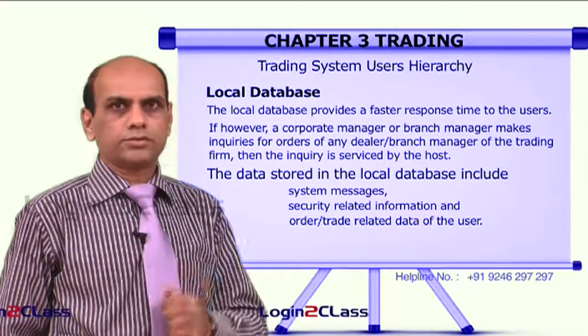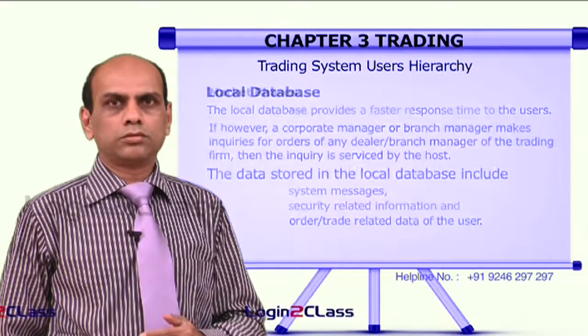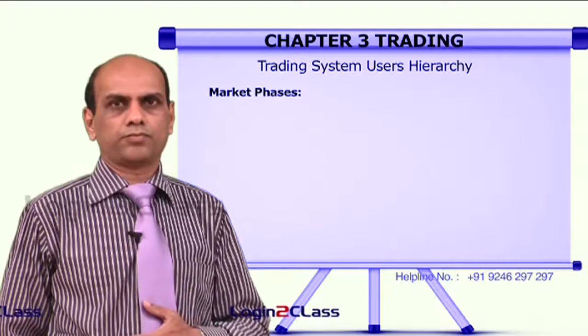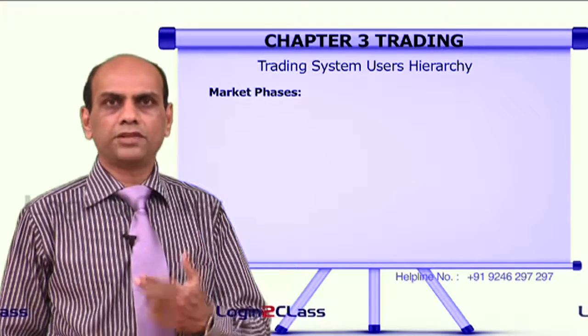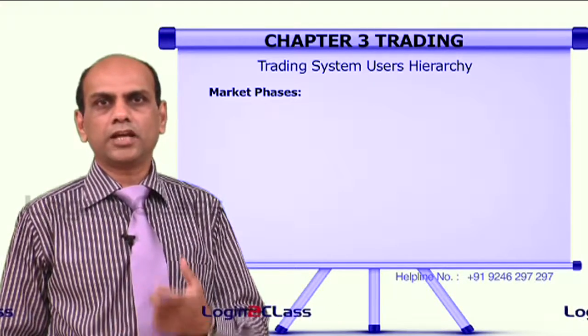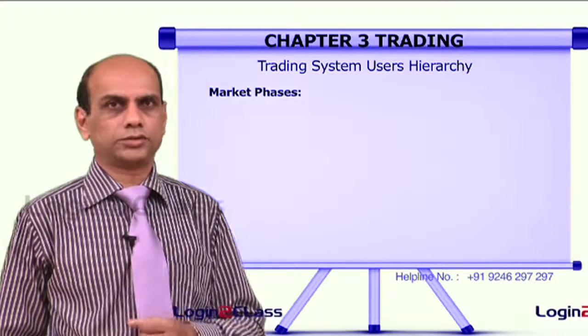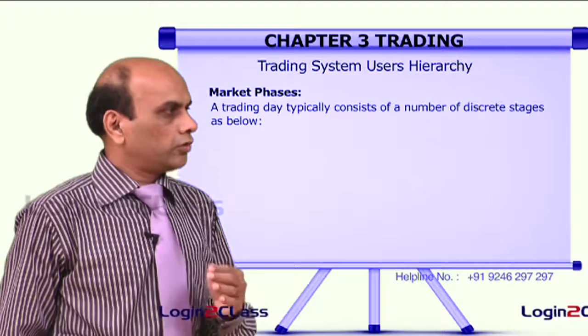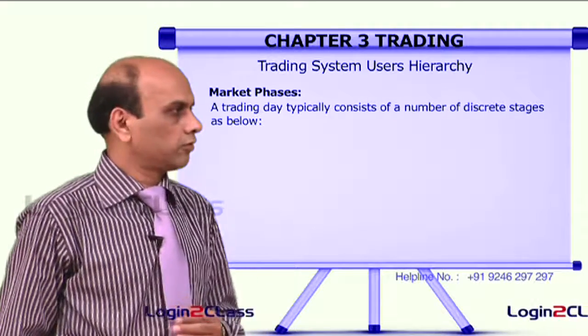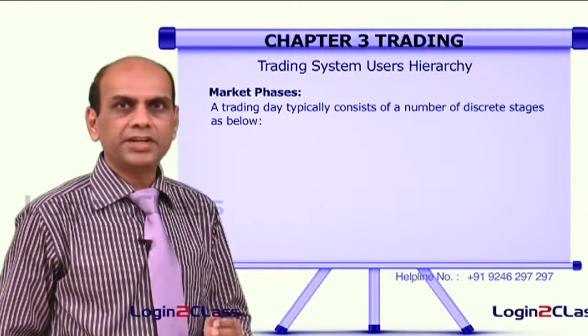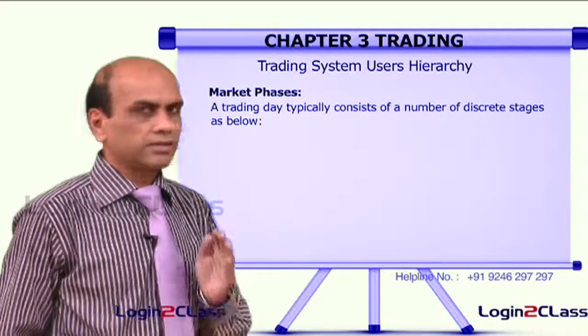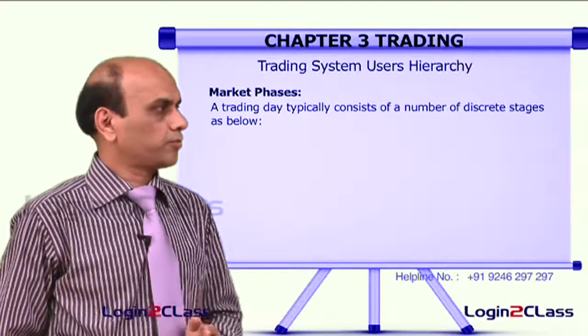Next, we will get into various phases in the market, that is the regular phases which take place during the day of operations. A trading day typically consists of a number of discrete stages. There are 6 discrete stages.